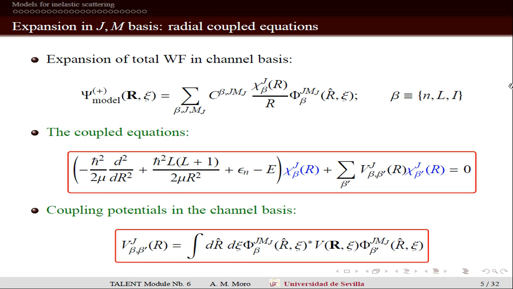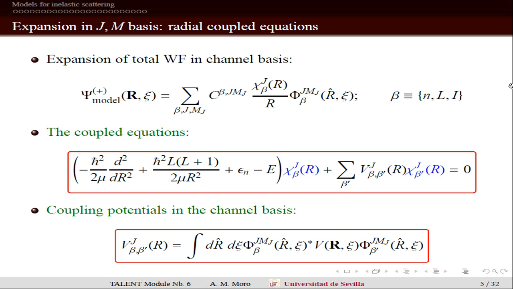In practice, as I said before, we separate the radial part from the rest, and the rest is expressed in these channel functions. These channel functions contain quantum numbers.